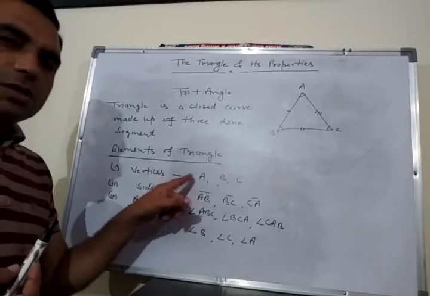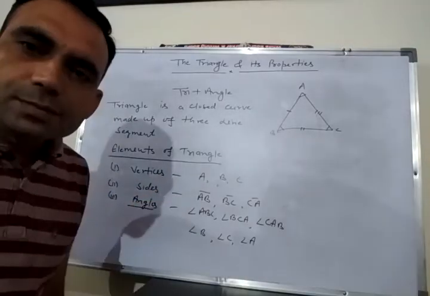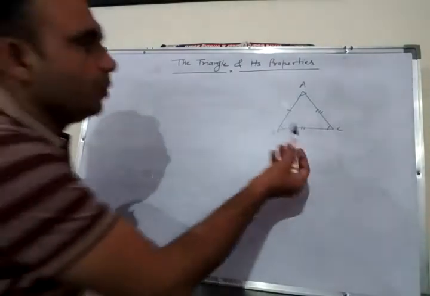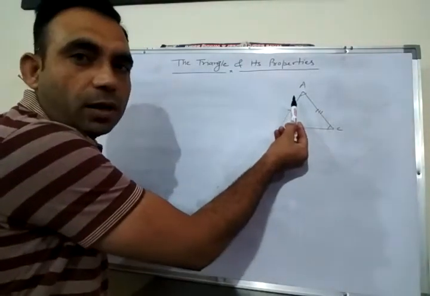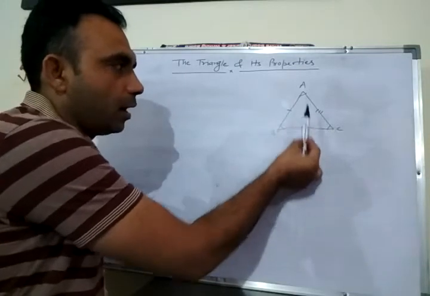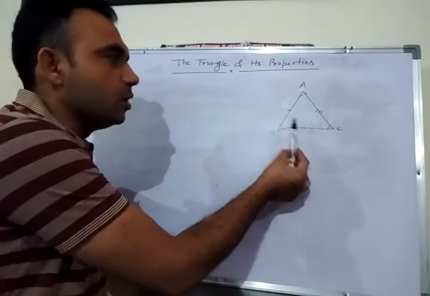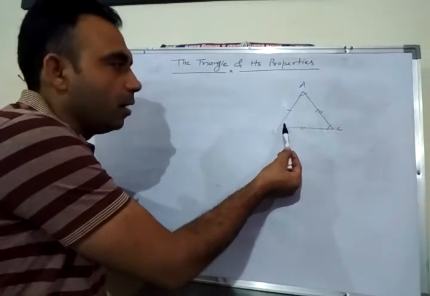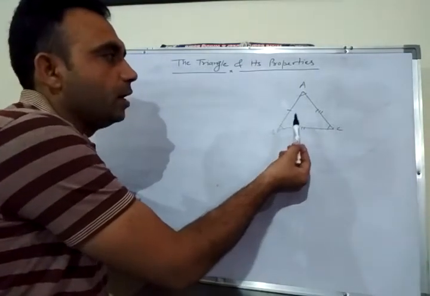Three vertices, three sides. Now in these elements, side BC is opposite to angle A, and angle A is opposite to side BC. Also, AC is the opposite side of angle B, and B is the opposite angle of side AC.